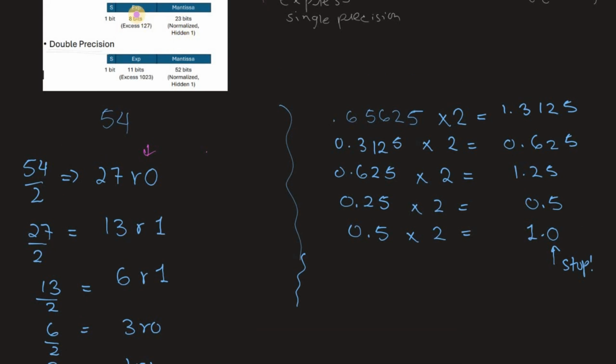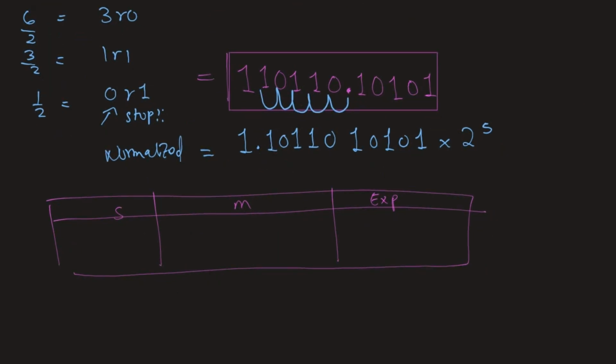Do we have an excess over here? We have an excess of 127. Okay, so we need to add the excess to the exponent. We have the exponent as 5, but we need to add the excess to it, which is 127, right? So let's go ahead and add this. It should give you 132, right?